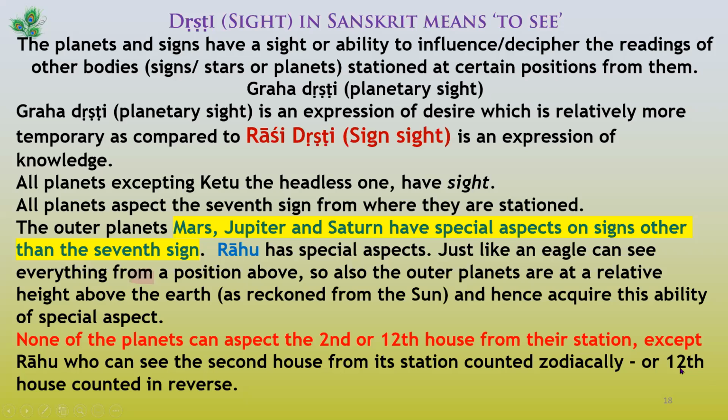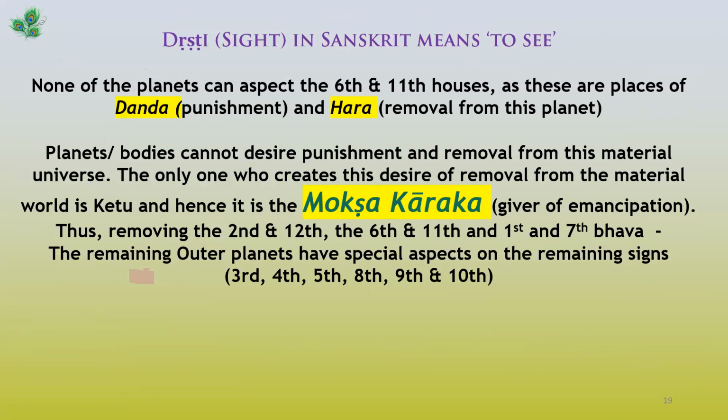It's the reverse, because the nodes are always retrograde. So that's why we have to count them backwards. If we just count them zodiacally, then they are actually the second house. It translates to the 12th house from looking at Rahu, because it's always going backwards.